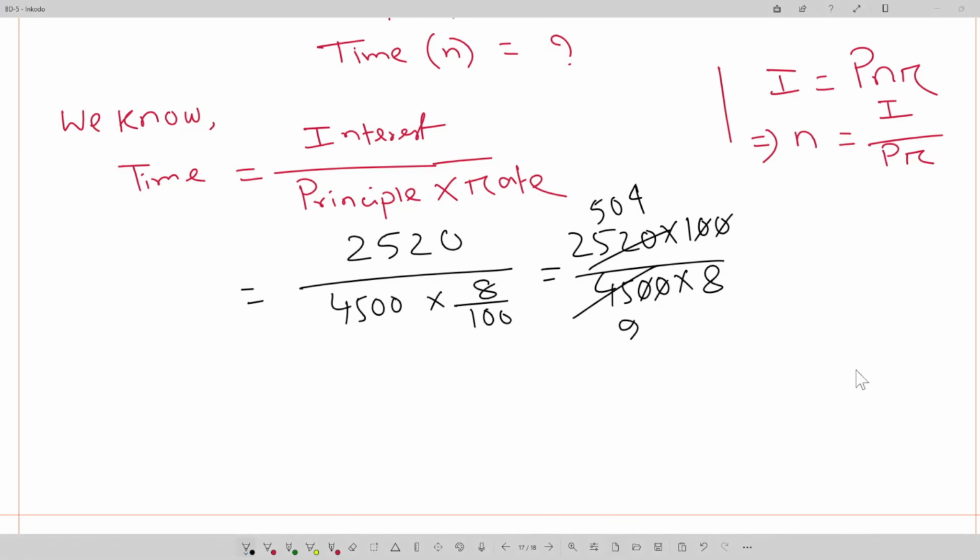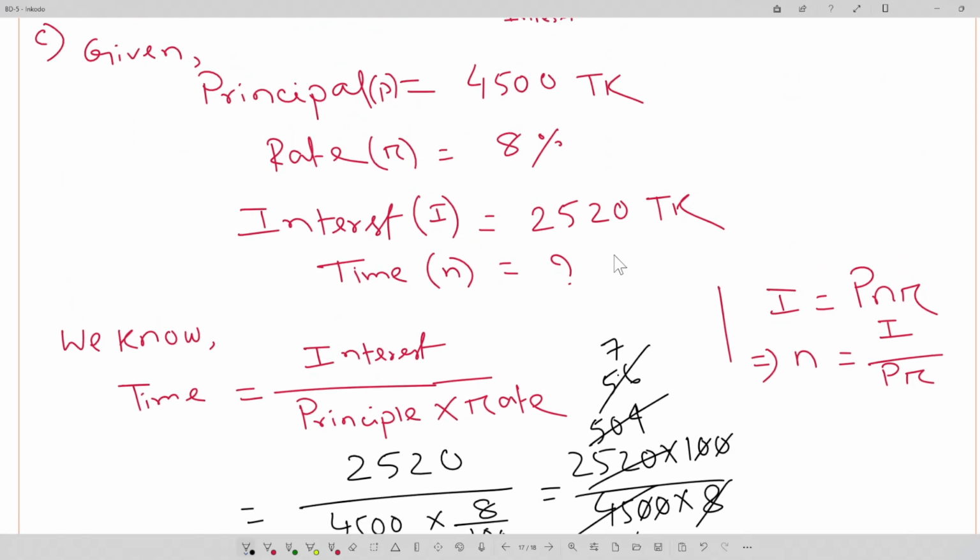Now let's check this 504, if we divide by 9, it will become 56. So here is 56 and 9 divided by 9 is 1. So 56 we can divide by 8, it will be 7. So our answer is 7 years.